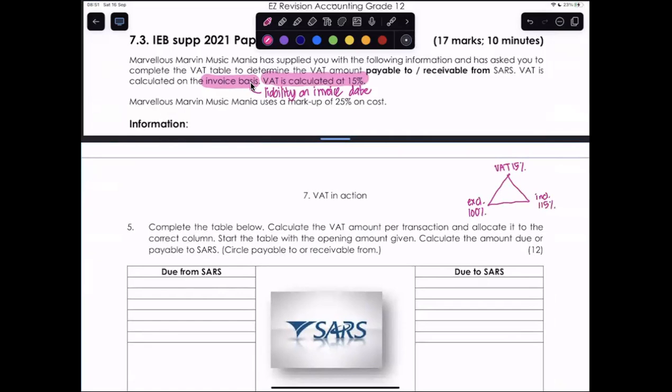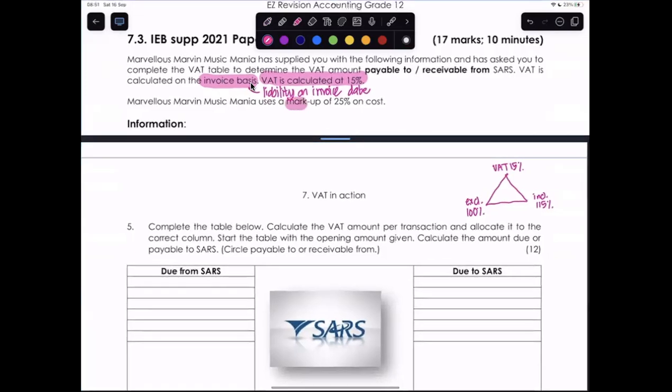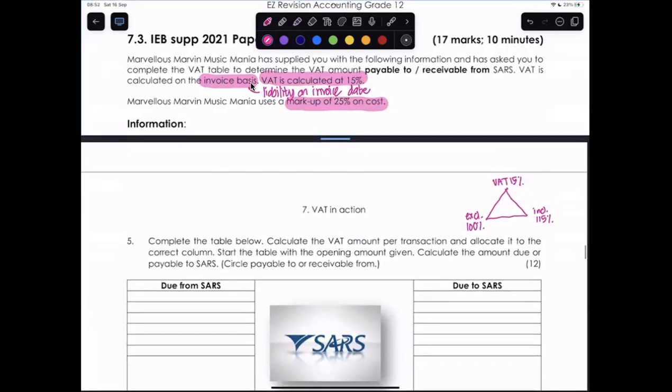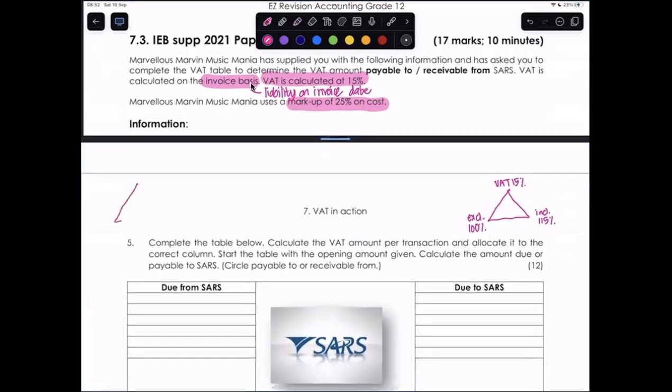Marvelous Marvin Music Mania uses a markup of 25% on cost. In exactly the same way, I would draw another little triangle to track my costs and markups. Obviously, there's going to be a calculation somewhere that I'm going to need to use this. So I'll put my markup 25% at the top. It's on cost.